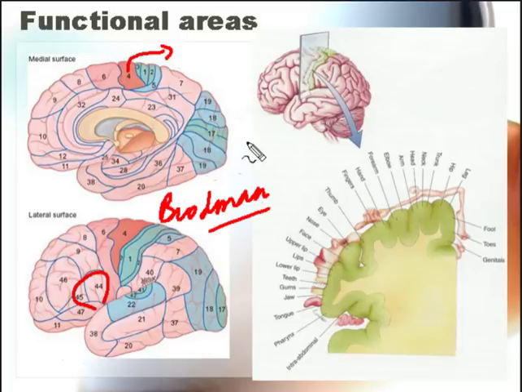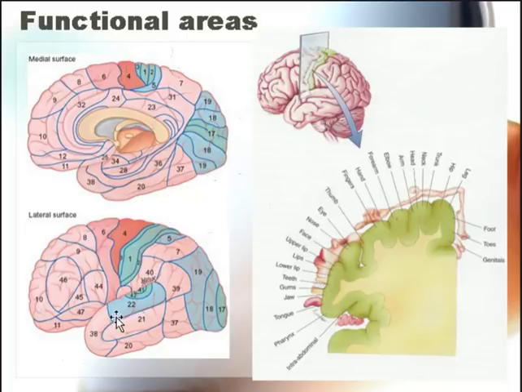Now, one important concept that you must understand is that the body is represented on the cerebral hemisphere in an upside down fashion, which means that for the motor and the sensory areas, the face is represented lower down on the precentral gyrus, and for sensory, the face is lower down on the postcentral gyrus.